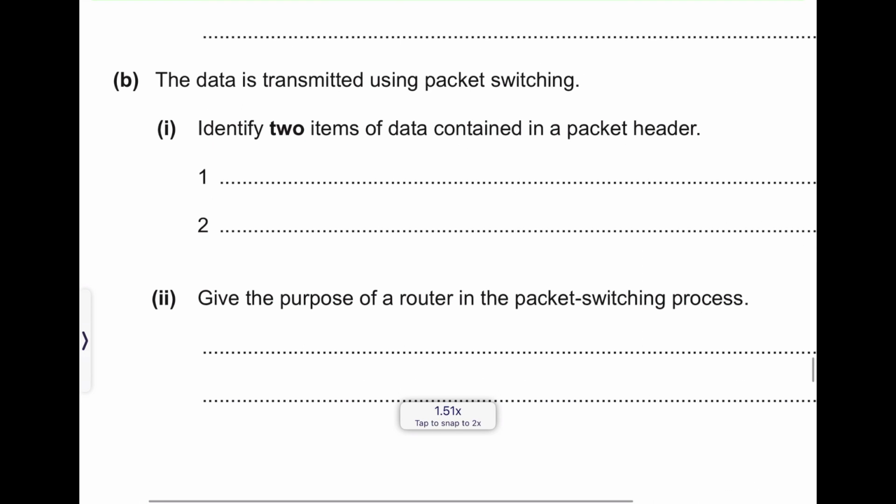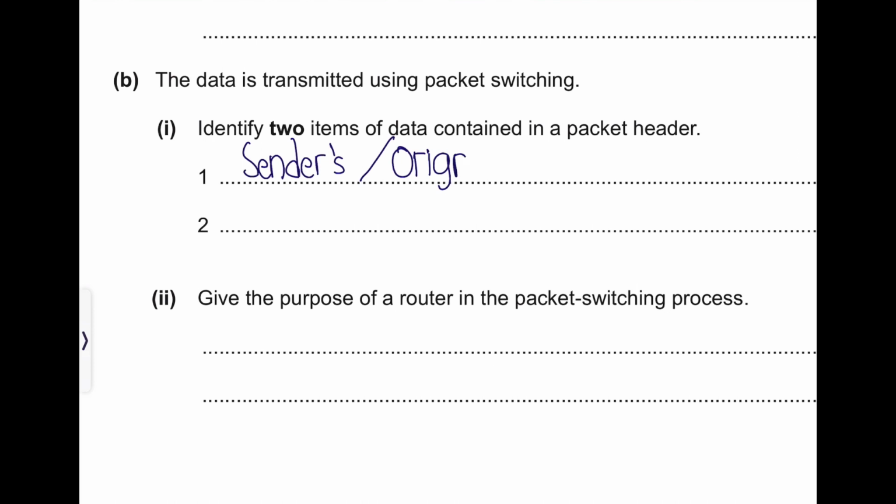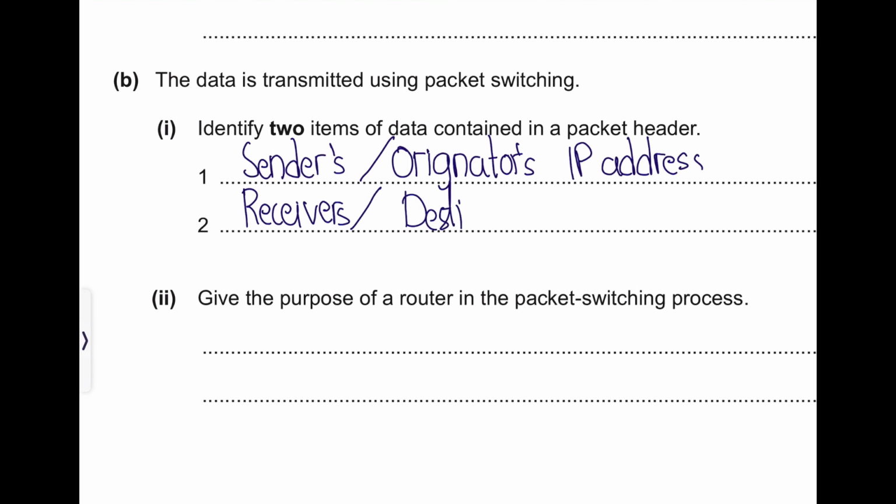The data transfer using packet switching: identify two items of data contained in a packet header. That would be the sender's / the originator's IP address, and also the receiver's / the destination IP address.